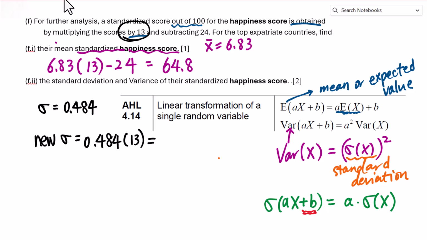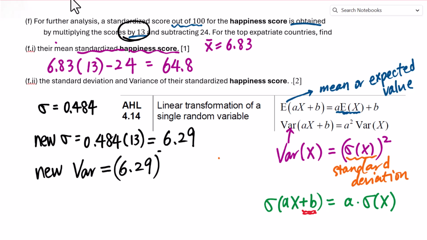Do not subtract 24. Answer is 6.29 at 3 sig figs. For new variance equals 6.29 squared equals 39.6.